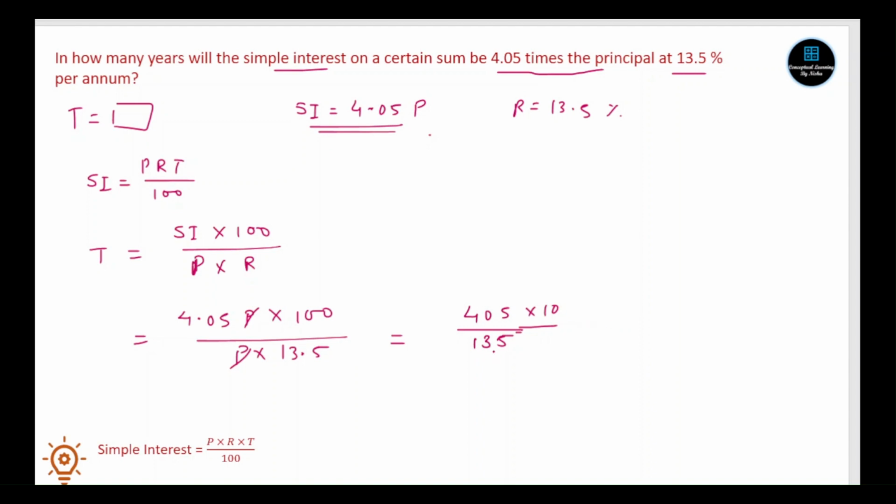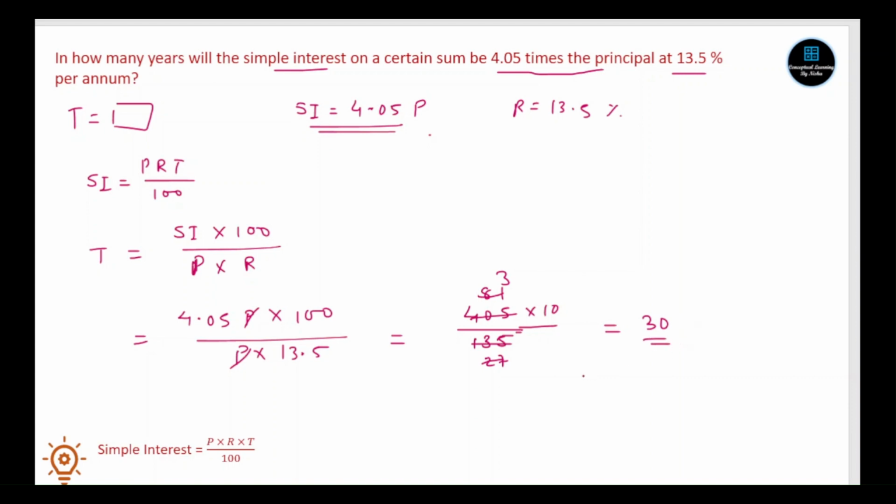Now cancel this out. 5 I can divide by 5, and if I simplify this, what do we get? 3 into 10, which is 30.